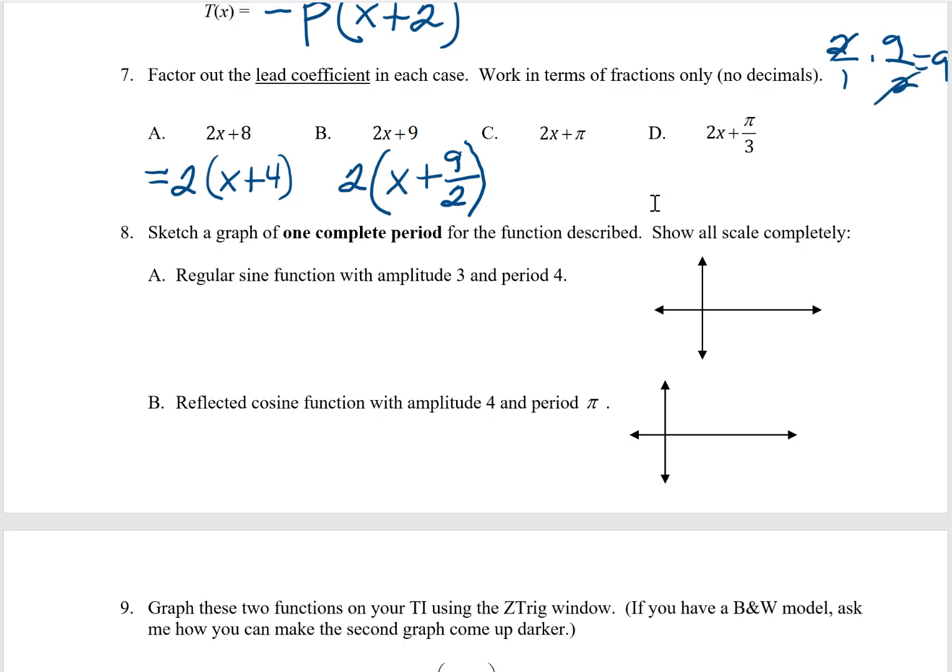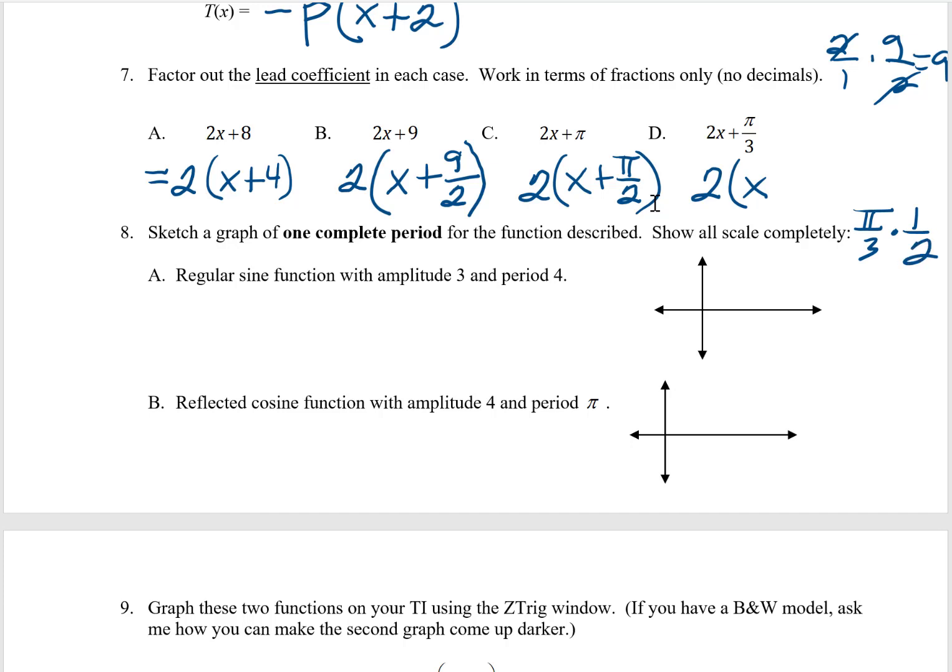Well, I can work letter C the same way. If I want to factor out that 2, simply divide each of those pieces by 2. 2x divided by 2 is x. Pi divided by 2 is pi over 2. And then for letter D, again, I can do the same thing. I'm factoring out that 2. So divide my pieces by 2. With pi over 3, it's probably easiest to think of it as multiplying by 1/2.